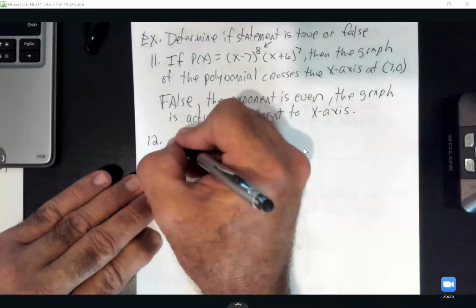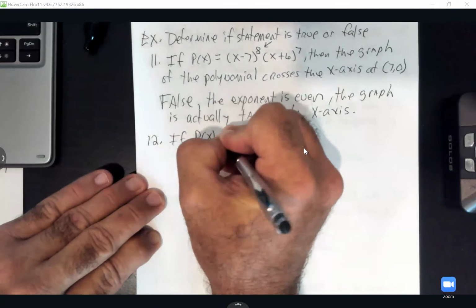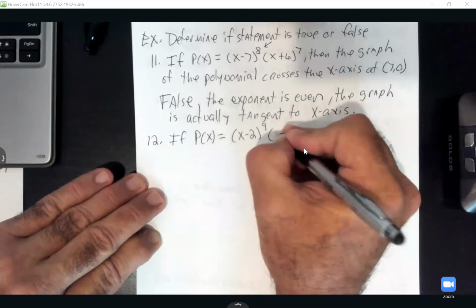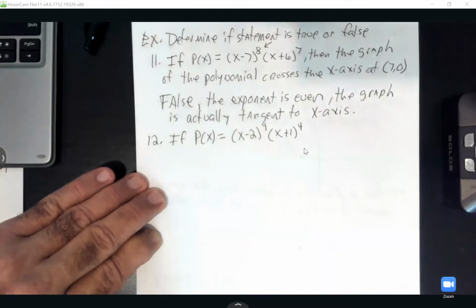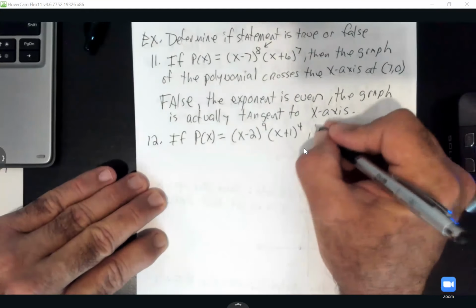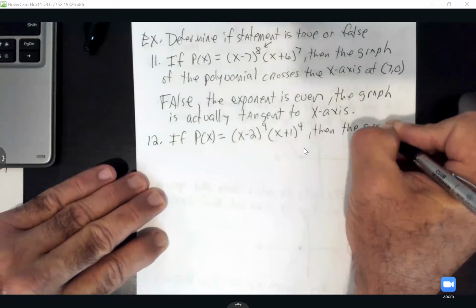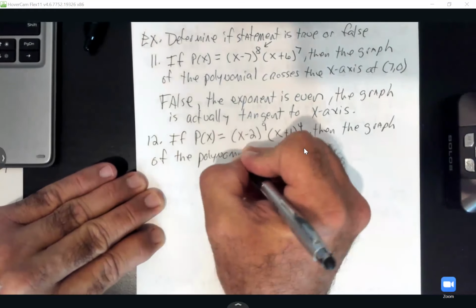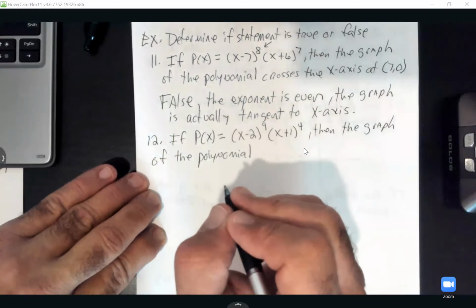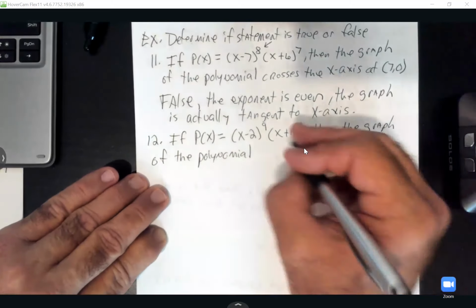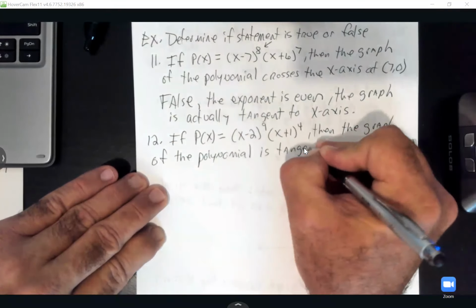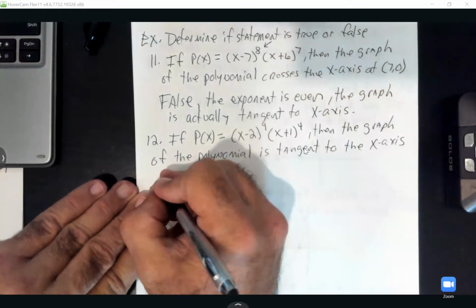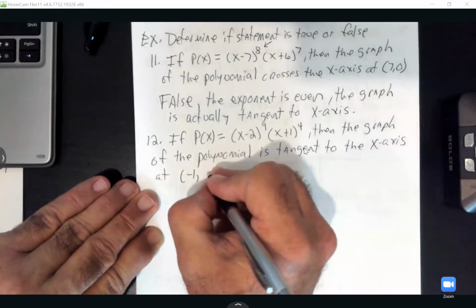So let's try number 12. This one has: if p of x equals x minus 2 to the 9th times x plus 1 to the 4th, then the graph of the polynomial is tangent to the x-axis at the point -1, 0.